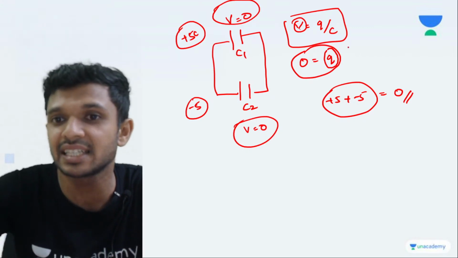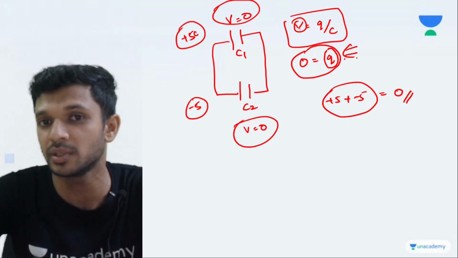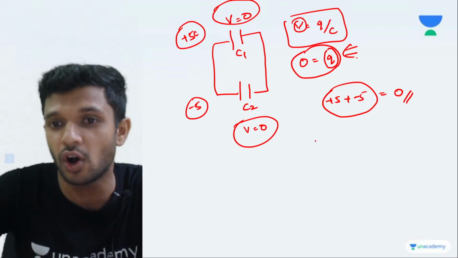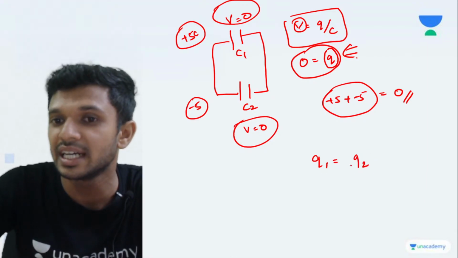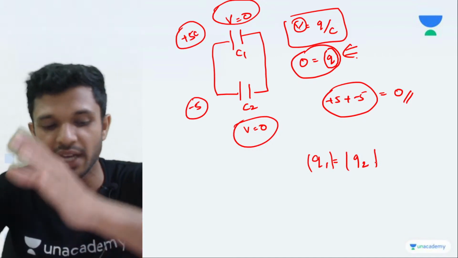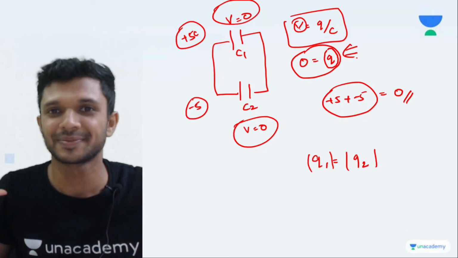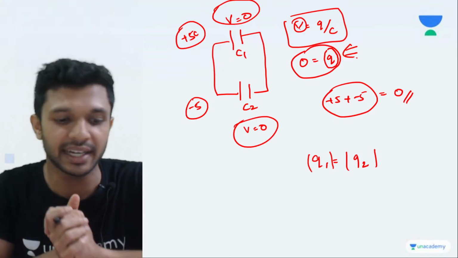If the net charge after redistribution has to be 0, it is only possible if the charge on the first capacitor was equal and opposite to the charge on the second, which means by magnitude both should have the same charge. Magnitude of Q1 should be equal to Q2 so that they add up and cancel off.